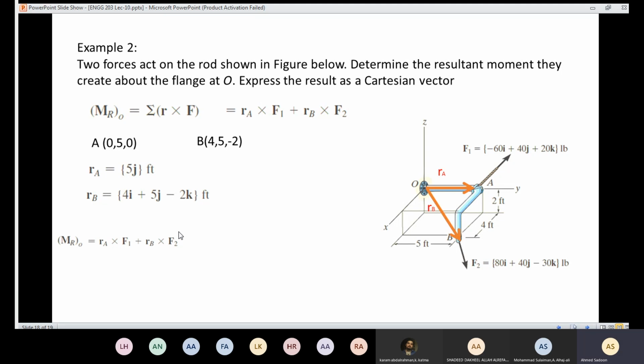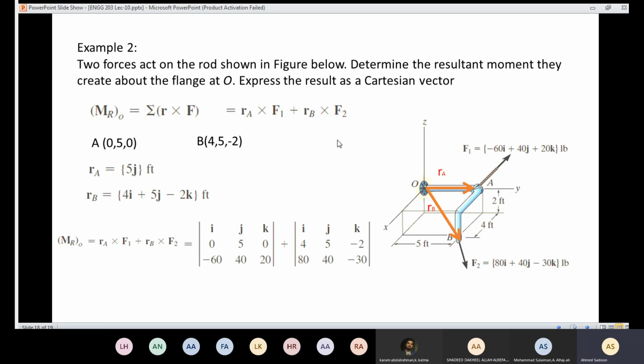And I'm going to have two determinants this time. I'm going to have i, j, k, 0, 5, 0. Then I'm going to have -60, which is here. This row represents Fx, Fy, and Fz: -60, 40, and 20. Here I'm going to put RB, which is 4, 5, -2.